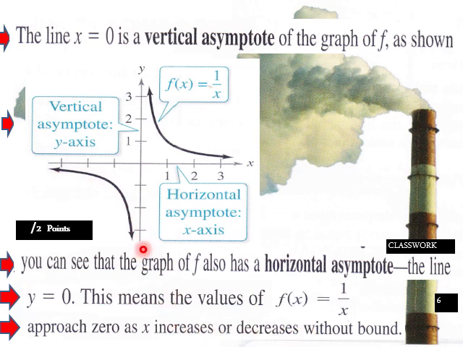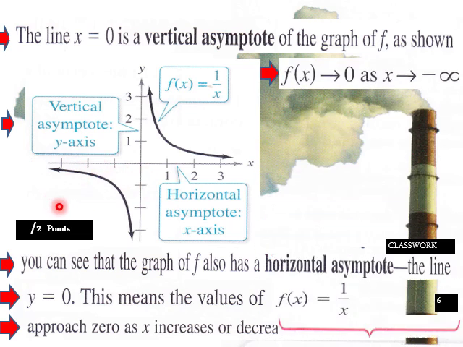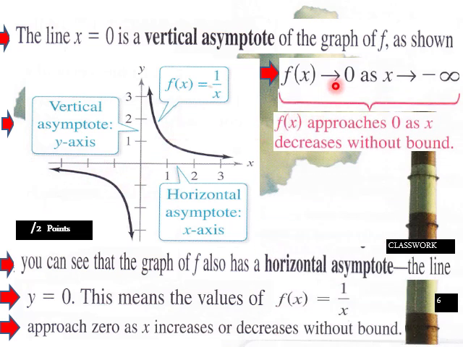So you have this situation here. As it approaches 0, your graph goes in different directions, as it approaches 0 from different directions. So f of x approaches 0 as x goes to negative infinity. Let's go through it again.